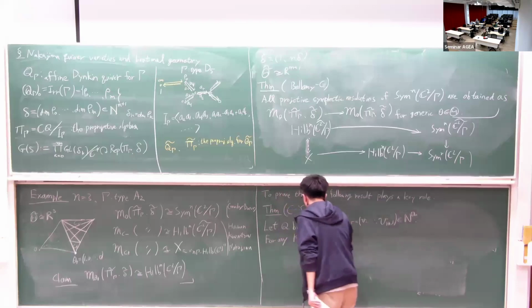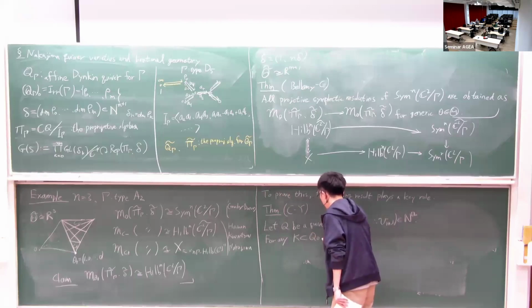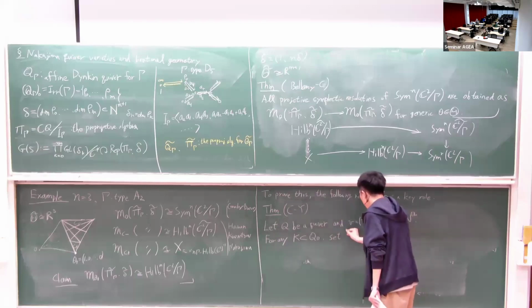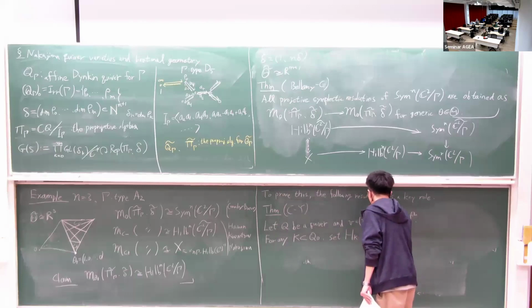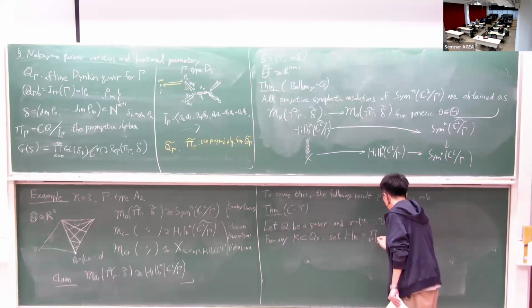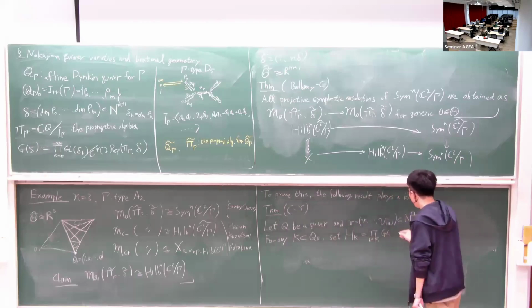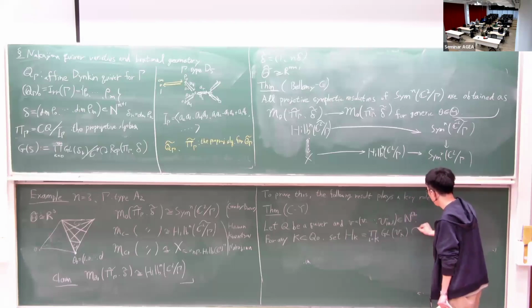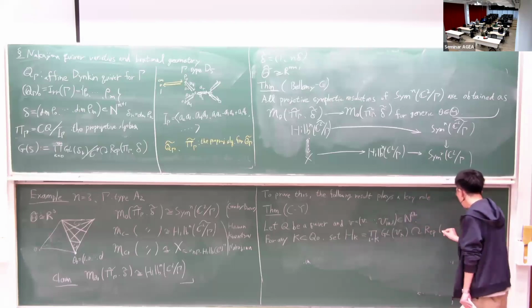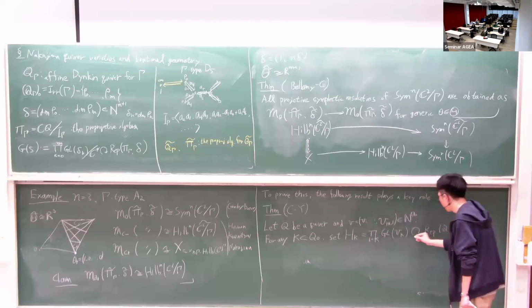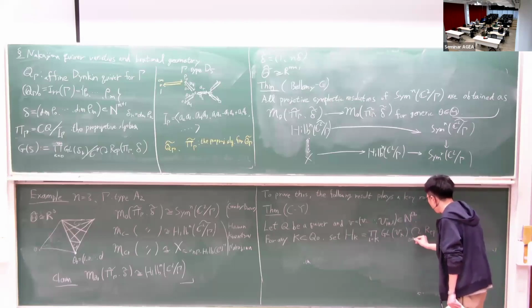We also consider any subset K of the vertex set of Q. We define a group H_K as just the product of GL_{d_k} over k in K. So this acts on the space of representations of the quiver Q with dimension vector d by conjugation, the change of basis.